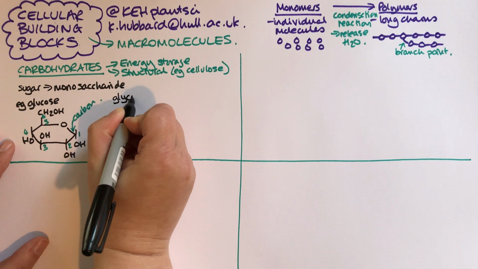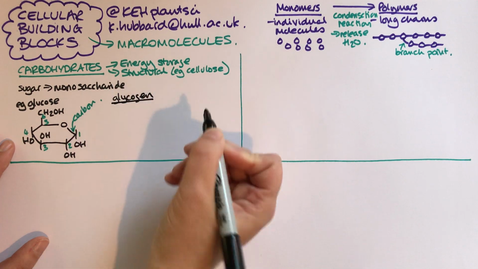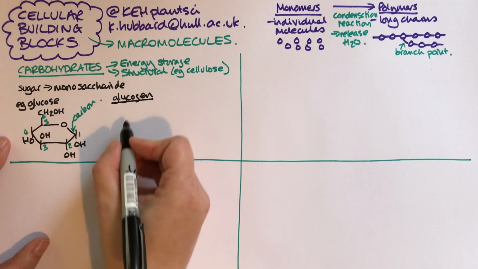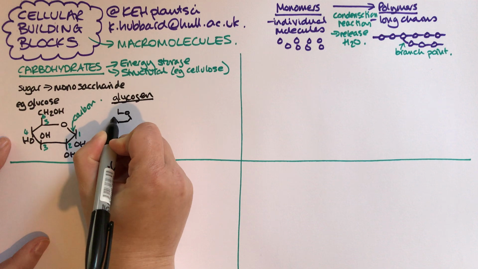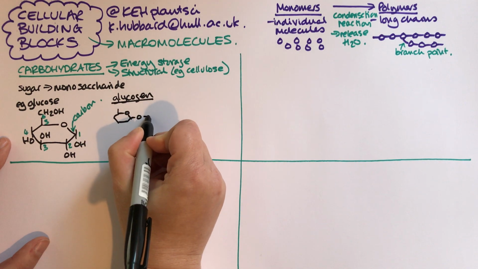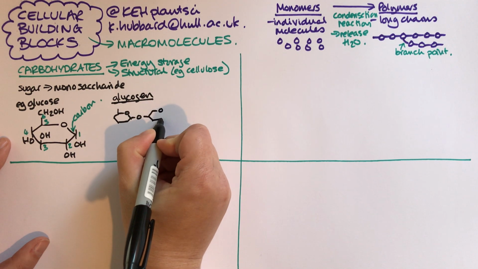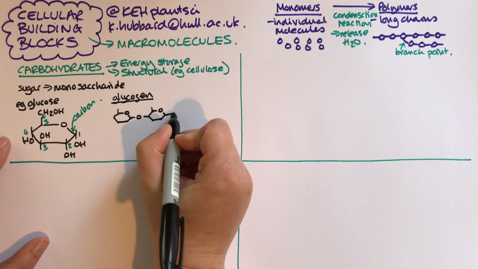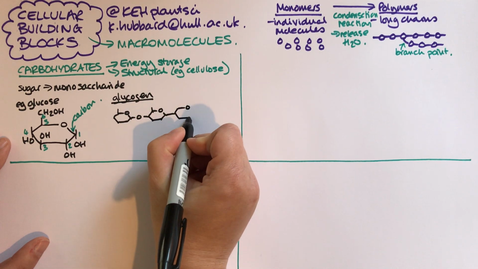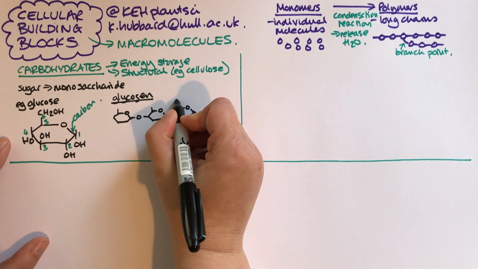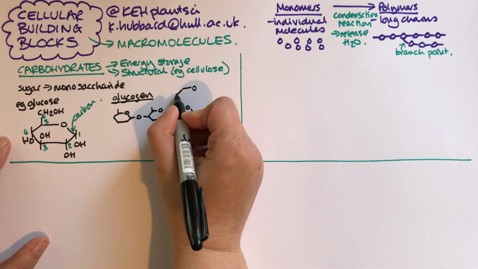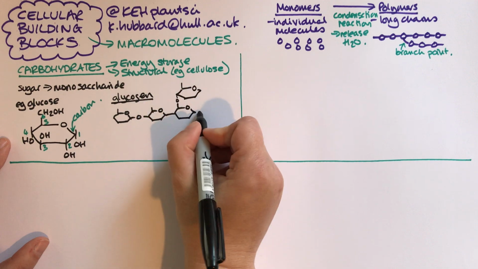So for glycogen, for example, which is a storage carbohydrate in animals, there are your glucoses. We have a bond with an oxygen between them, and we form structures like that. And in glycogen we can have branching, so we can also have another sugar up there, for example. Off it goes.